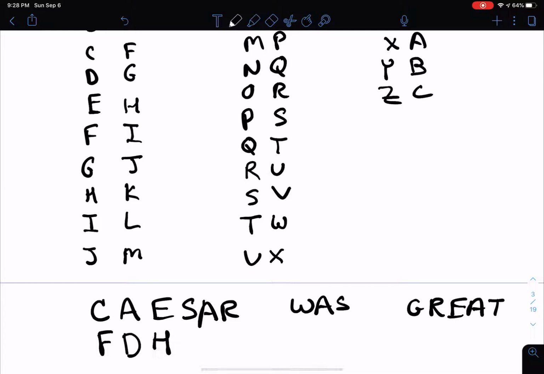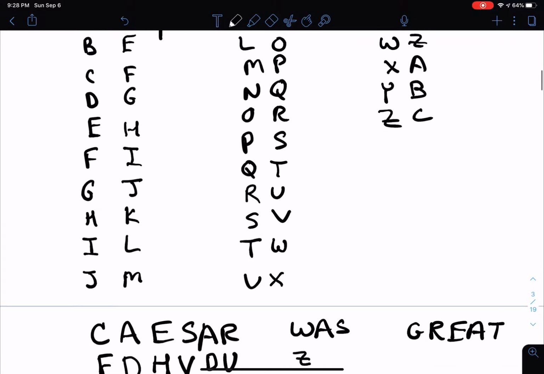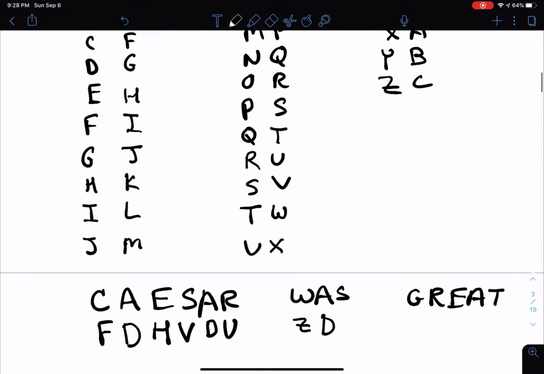E would become H. S would become V. A would be, again, D. R would be U. You could leave a space for the space if you want. W would be Z. A would be the D. S would be V, space, G would become J, R would become U, E would become H, A again D, T would become W.